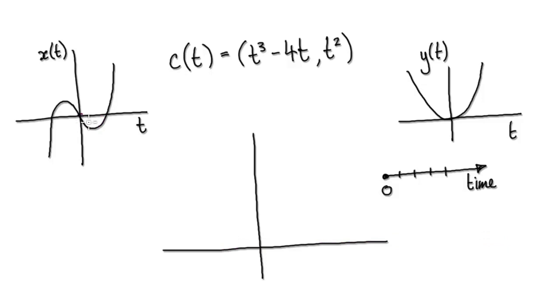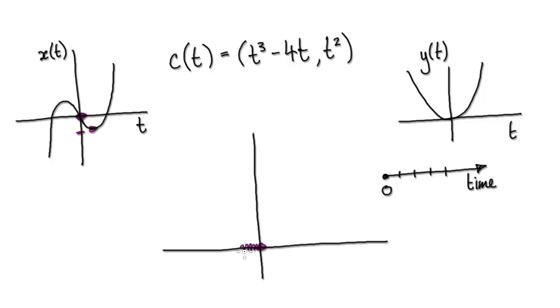Looking at this, you start here, because when t equals 0, the x location would be 0. Now it's going down, so from here to here it will move to the left because x is negative.